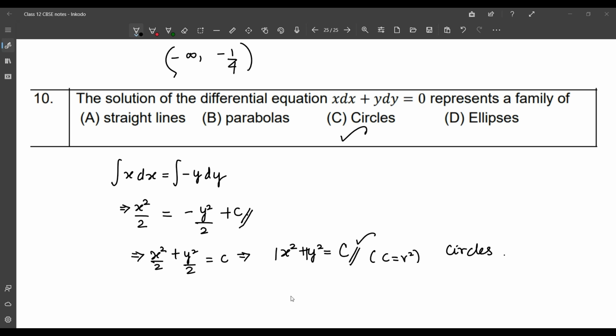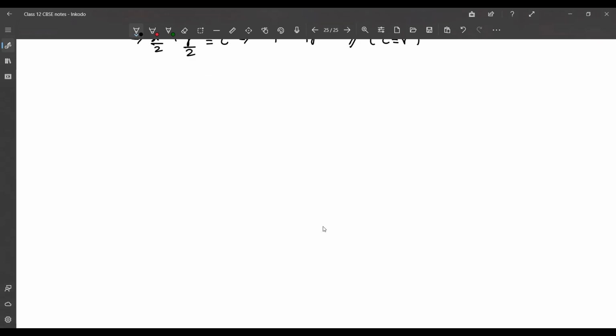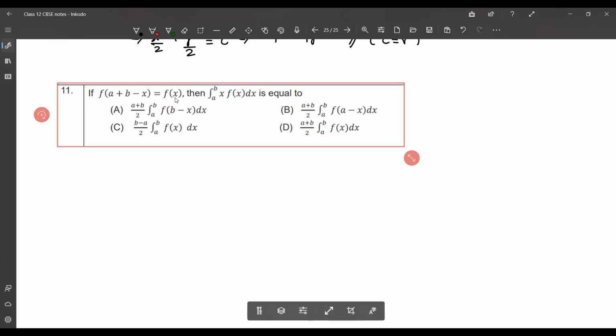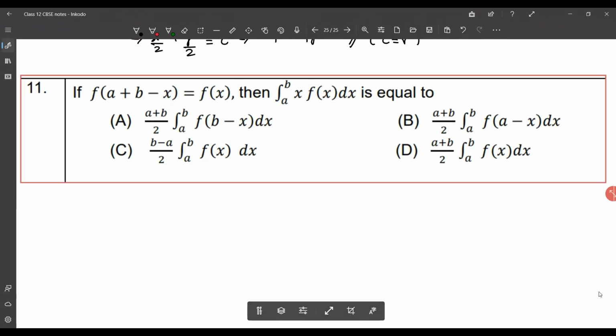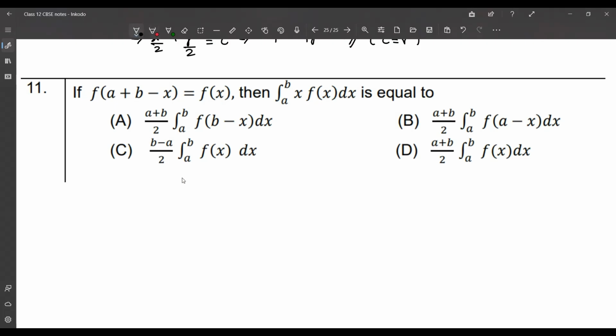Question number 11. If f of a plus b minus x is equal to f of x, then integral of x into f of x dx is equal to.